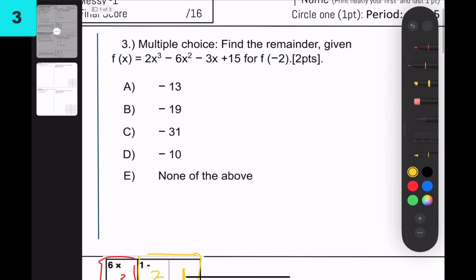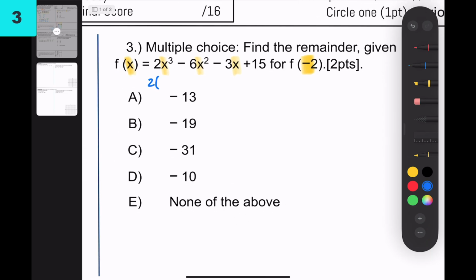Okay, find the remainder given that x value is going to be negative 2. We're going to put in negative 2 here for each of those terms. So 2 times negative 2 to the 3rd power minus 6 times negative 2 squared minus 3 times negative 2 plus 15.